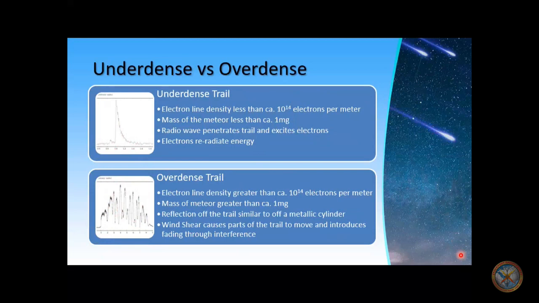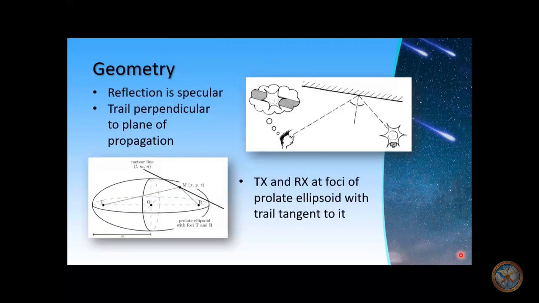Okay, so I said that not all meteors can be used for your reflection. Reflection is specular, like from a mirror, so the same angle that your ray goes to the trail, it is reflected out of it. The trail is perpendicular to the plane of propagation, so the plane from the transmitter to the trail to the receiver.